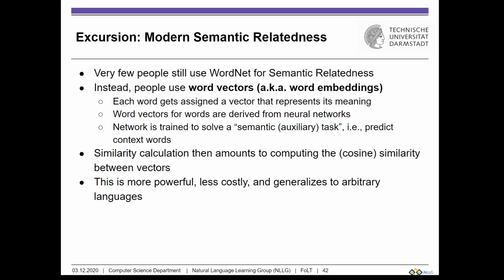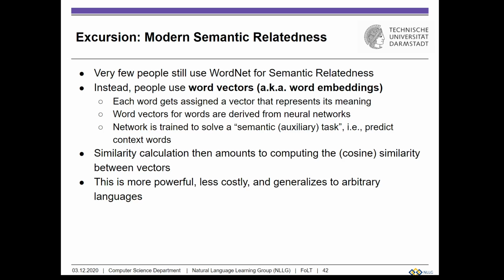And this is what those networks are learning: they learn to get a numeric representation, a vector representation for each word, such that the context can easily be predicted from that representation. If two words are very similar, that is, they have the same context, then they should also get very similar vector representations. And this is, in a very brief and simplified nutshell, what models like word2vec, if you have heard about them, are doing, or even more modern, popular approaches such as ELMo or BERT.